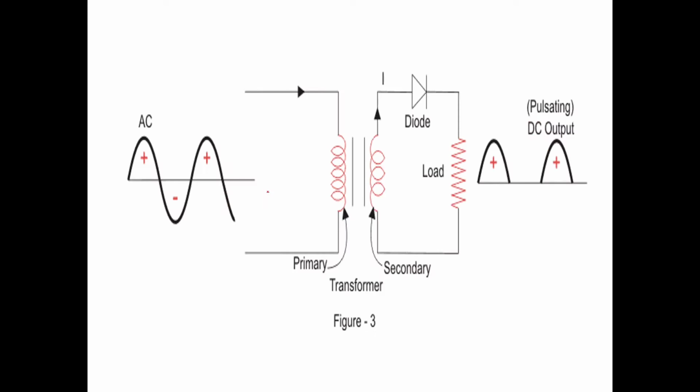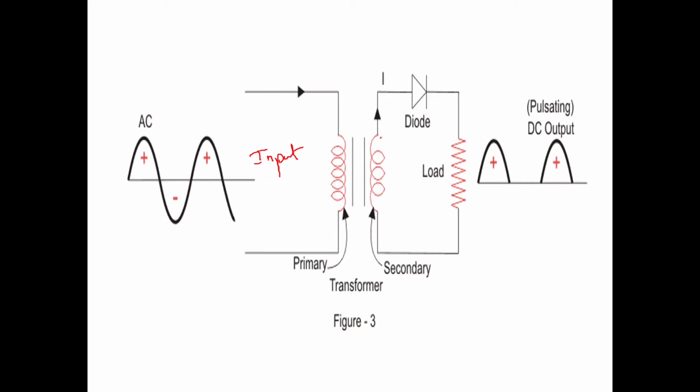Similarly, if you complete the circuit like this with the waveforms, you can see that the input is an AC, plus minus is there. It is given at the input over here. This is the input. When the input is given to the primary of the transformer, with mutual induction it will be stepped down in terms of voltage and given to the secondary.